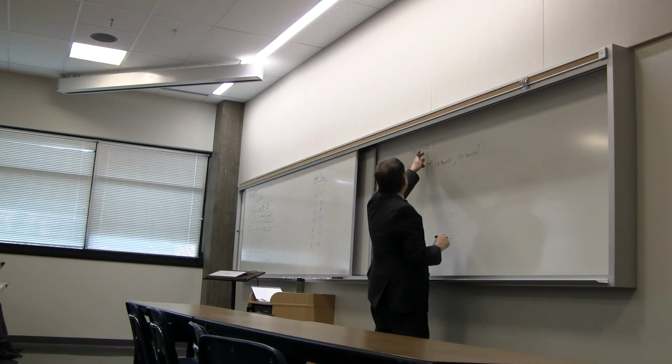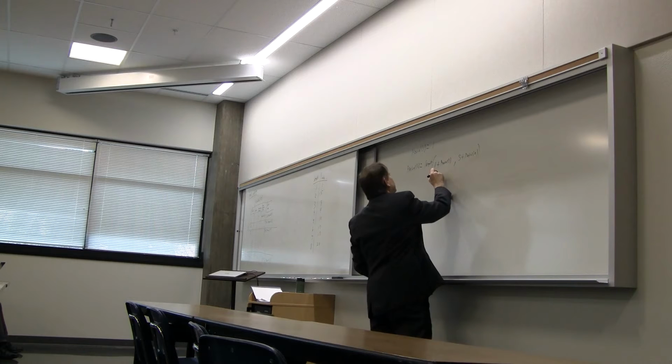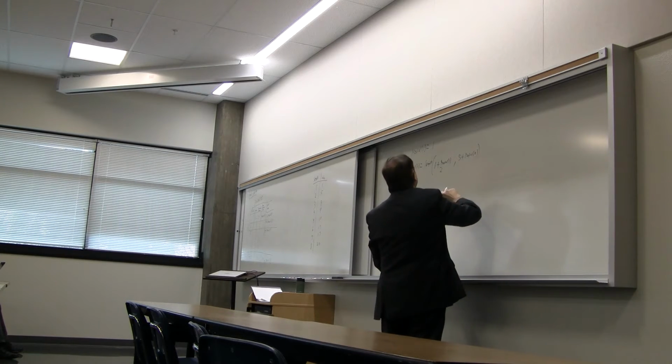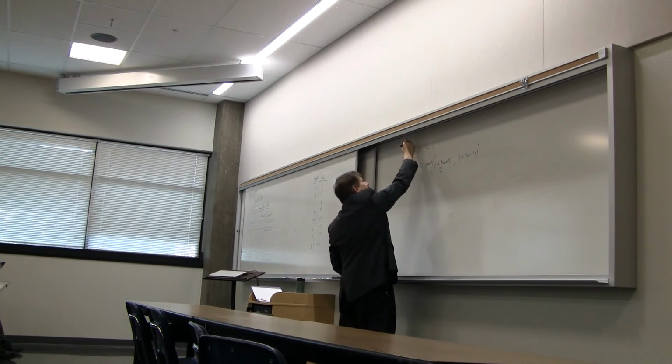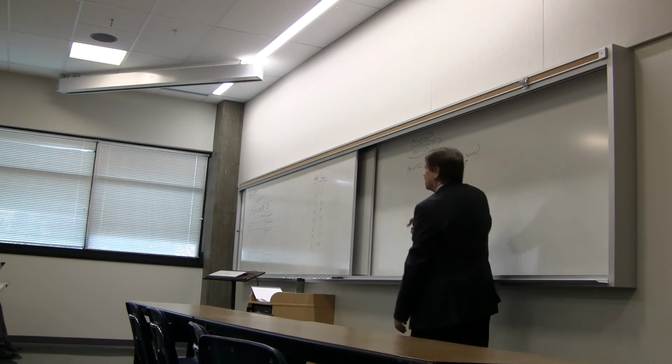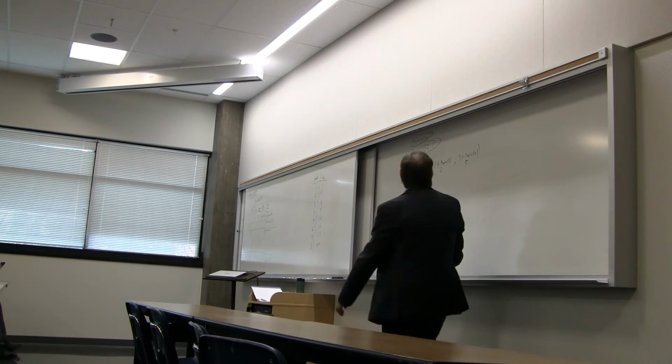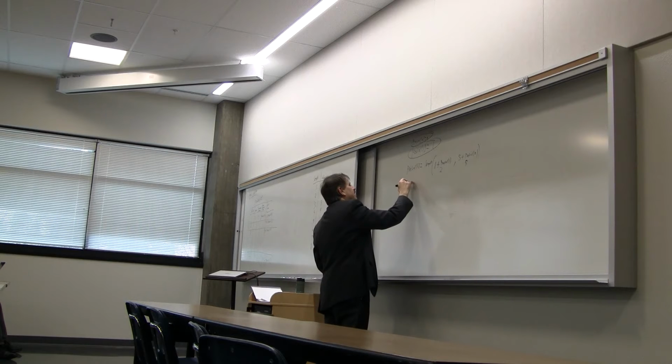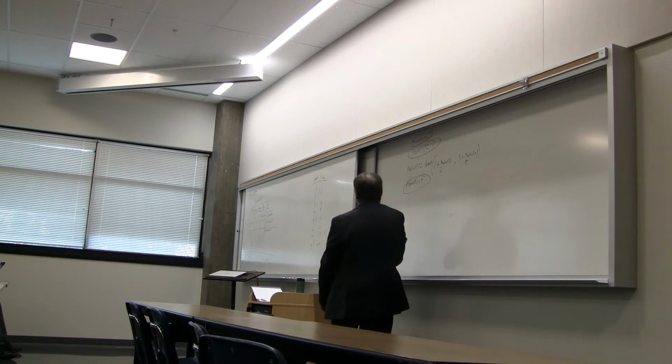Well, we already know max val of 1 is 1, so this is equal to 2. And max val of 0, we always know that's 0. So this is 5. This is the most we can get. So we've just calculated max val of 2 is equal to 5.